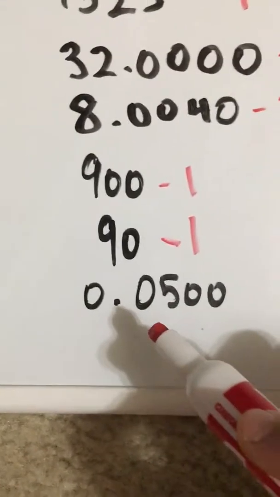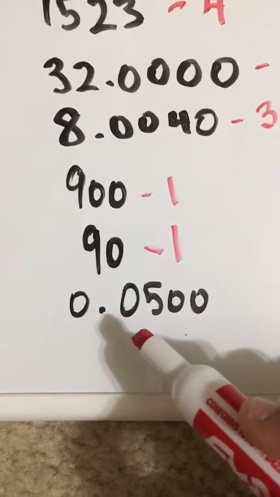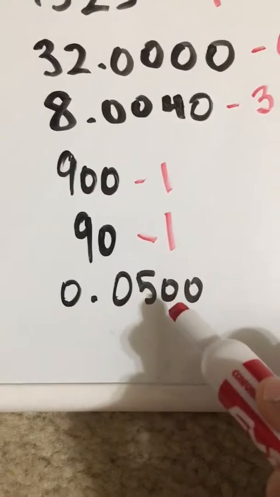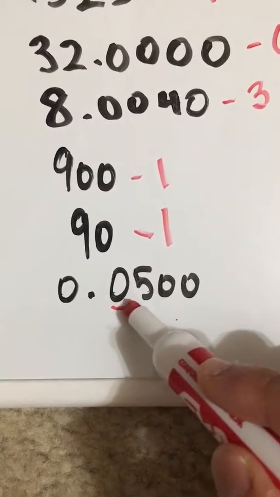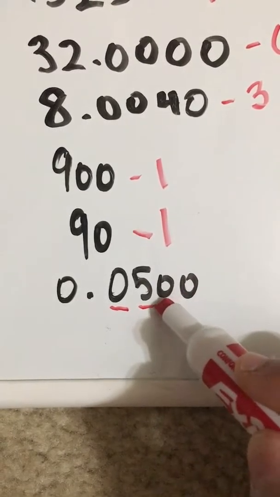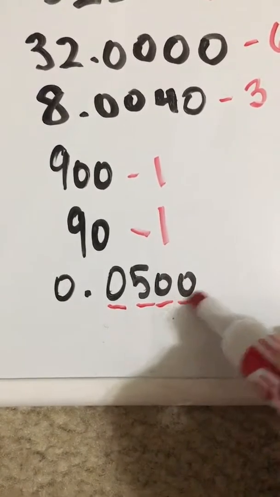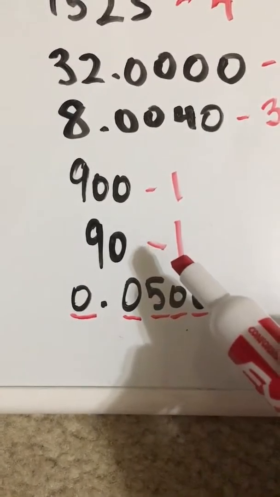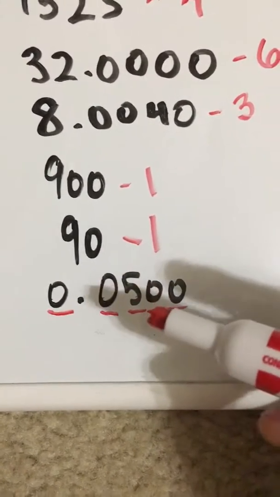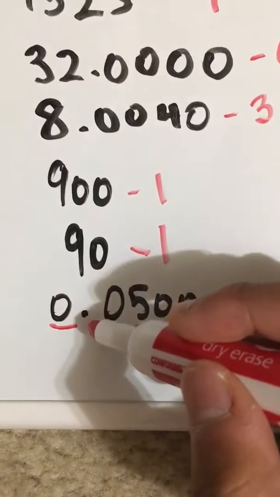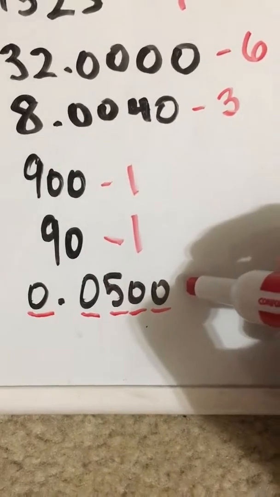Alright, we have another one here with more zeros. So how do we count this? We know that this 0 right here is not significant. We know this is significant, and this is significant. But what about this 0 right here? It's not significant at all because it is just a placeholder to show that there's a decimal point.